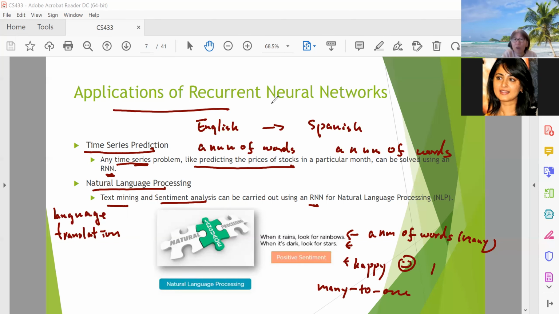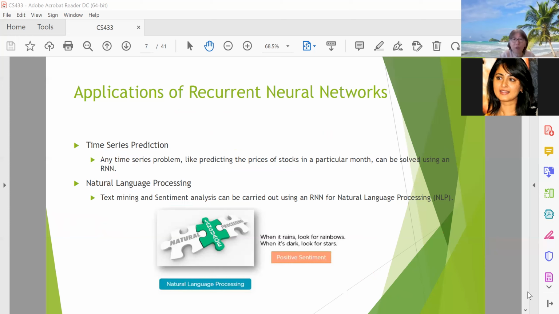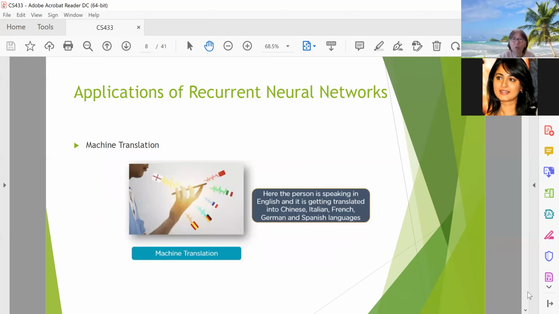So this is a many-to-many relationship. And for the time series, it's many to one because you just predict one. So these are the applications of recurrent neural network.